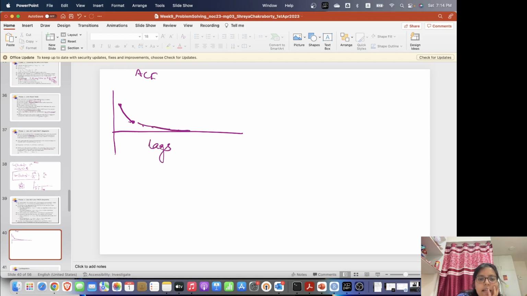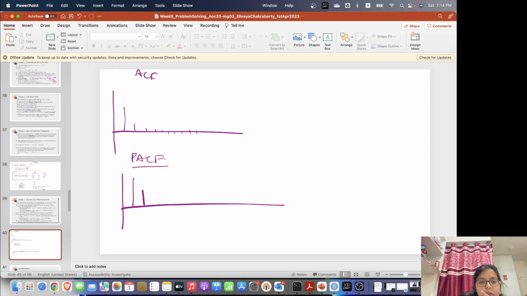These are the lags, and this is the autocorrelation function, and it is not represented as a line, it is represented as spikes. And for the PACF, let's say we have lags 1, 2, 3, 4, and this is the line of significance that is given as output from any of the software.